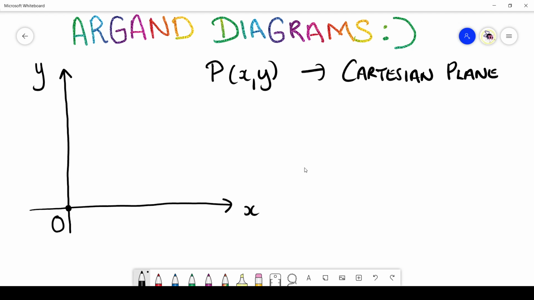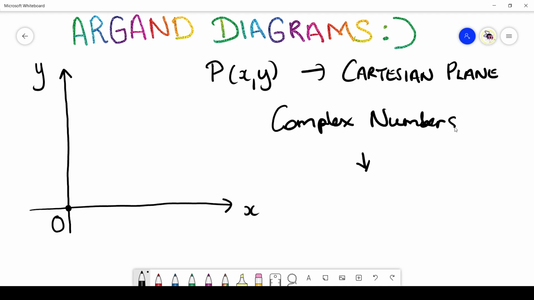But you see, now you guys have been just introduced to something called the complex number system. And when it comes to the complex number system, if you would like to represent complex numbers on a plane, it's going to have to be a different plane because we have some kind of imaginary part attached to it.